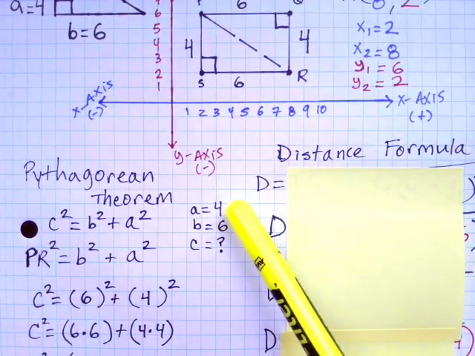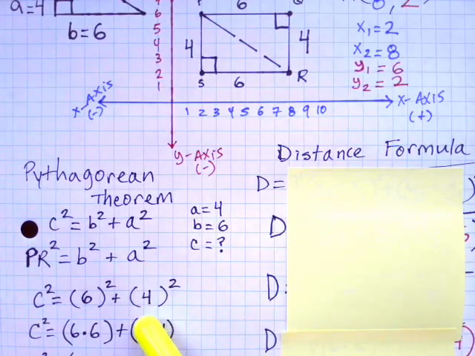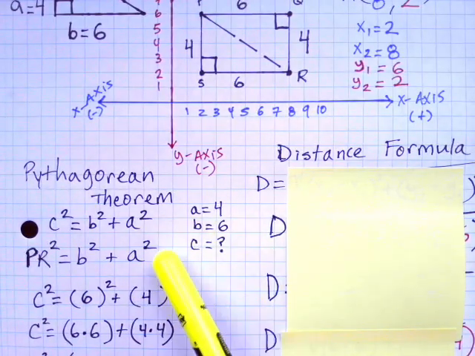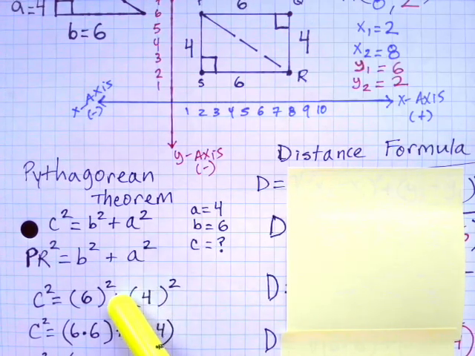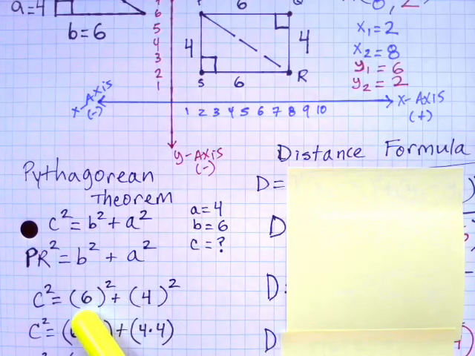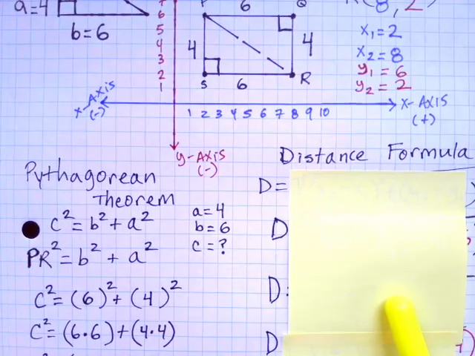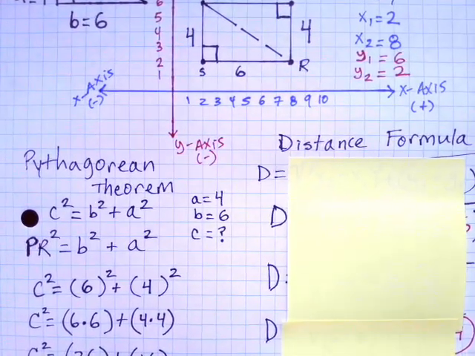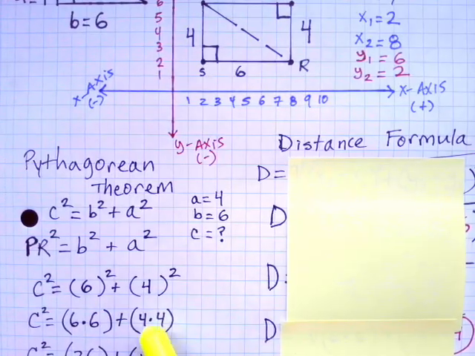Simply, you take the value for a and substitute it, like I'm showing you here. 4 substituted for a is now 4 squared. Plus, my value for b is 6, so I put a 6 everywhere I see b, and now that's 6 squared. c squared, I just don't know, or the length of my PR value. 6 squared is 6 times 6, and 4 squared is 4 times 4.